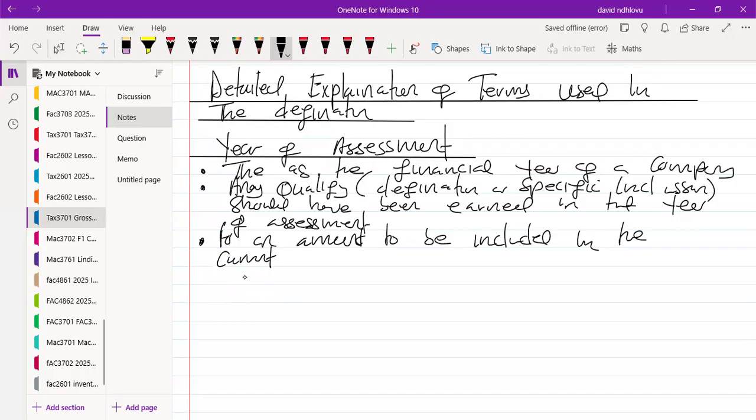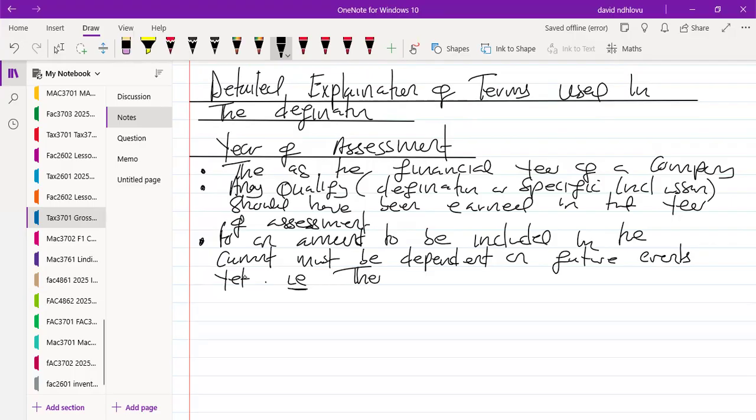I've forgotten the word. It must not be dependent on future events yet to occur. That is to say, there must be no condition needing to be satisfied.